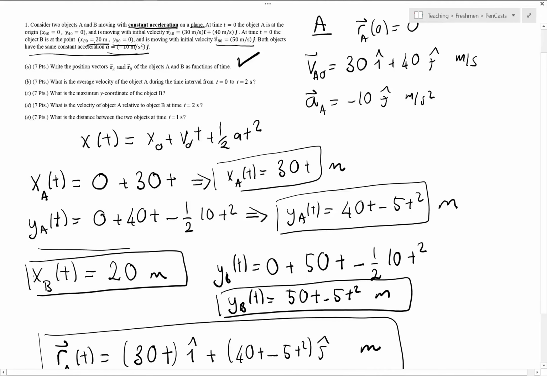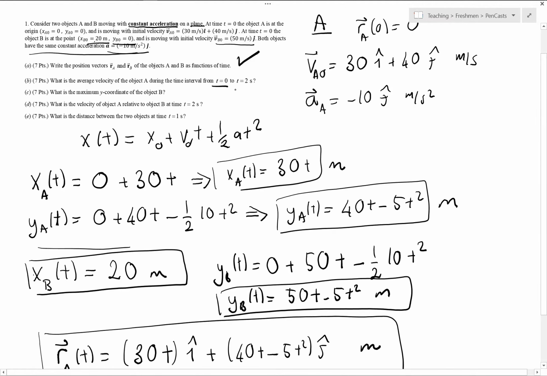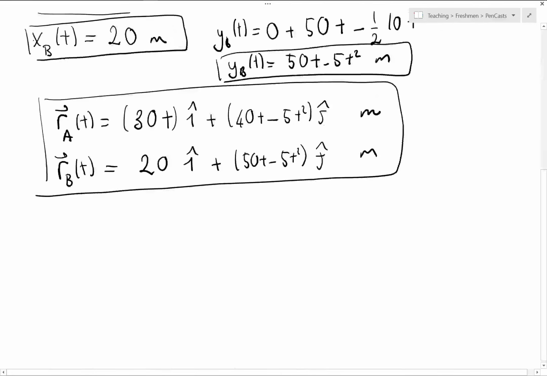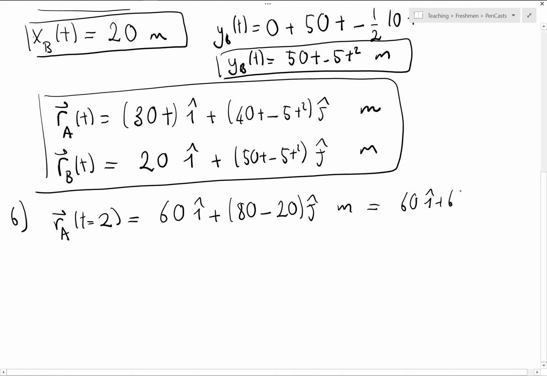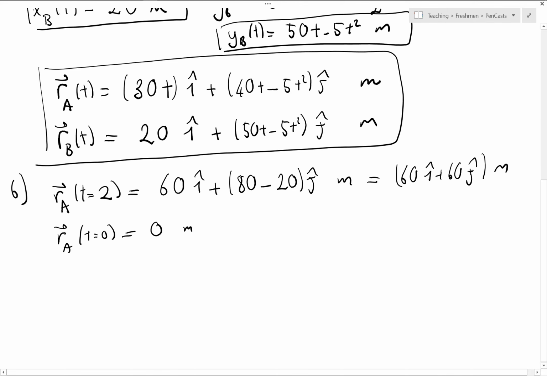What's the average velocity of the object during the time interval from t equals 0 to t equals 2? So let's first see where this particle is at time t equals 2. It's at 60 i hat plus 80 minus 20 j hat meters, which means this is 60 i hat plus 60 j hat meters. Initially at t equals 0, it was at the origin, right?